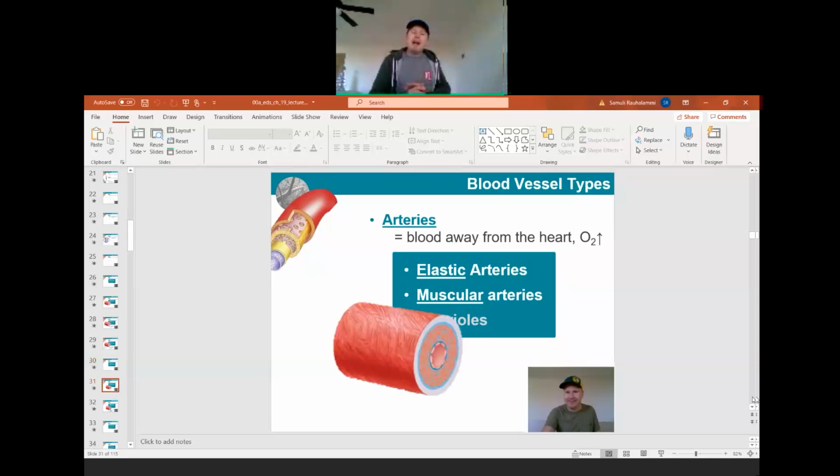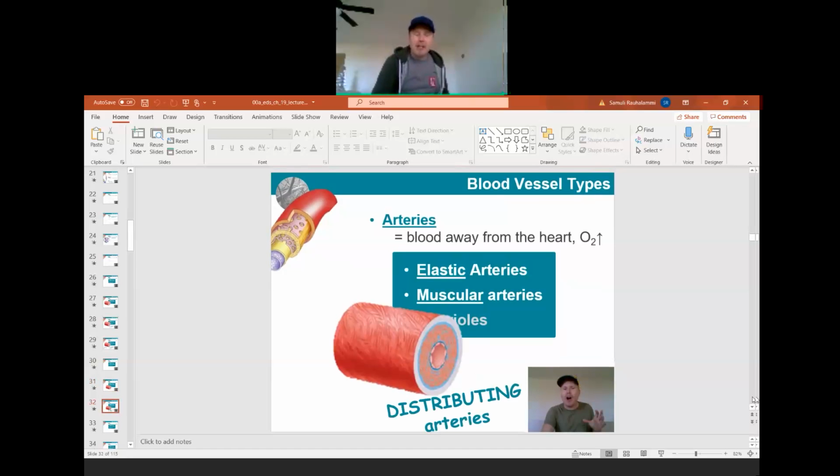And again, I have a nice diagram of a cross section of a muscular artery here. And what you'll notice is that the pink layer kind of roughly in the middle, so tunica media, is going to be thicker. And actually most of the arteries that we study and that we name are going to be these muscular arteries.